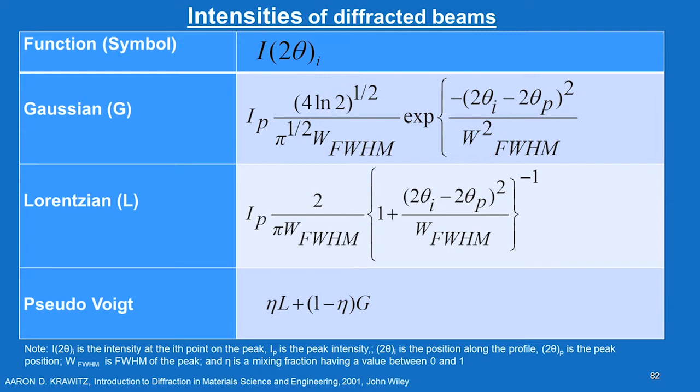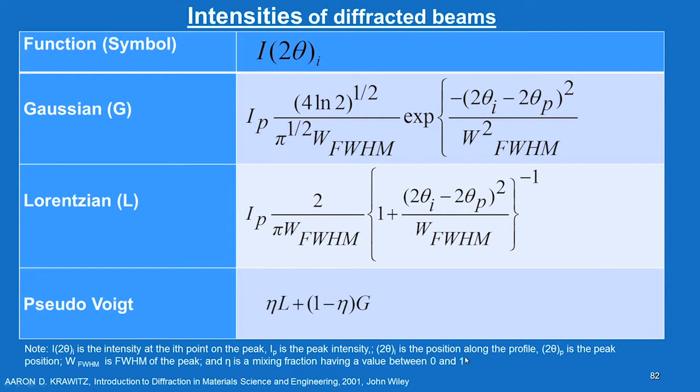So let us look at the details of the terms given in this equation. I(2 theta i) is the intensity at the ith point on the peak, that means any point on the peak. I_P is the peak intensity, 2 theta i is the position along the profile, 2 theta P is the peak position, FWHM is the full width at half maximum of the peak, and eta is the mixing fraction having a value between 0 and 1.